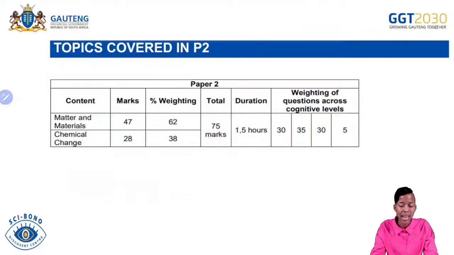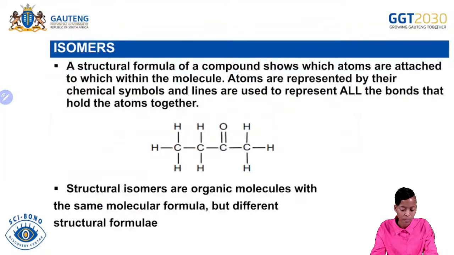The topics to be covered in paper 2 will be under the content matter and material, which consists of 47 marks and has a percentage weighting of 62. Then we have chemical change, which consists of 28 marks and a percentage weighting of 38.